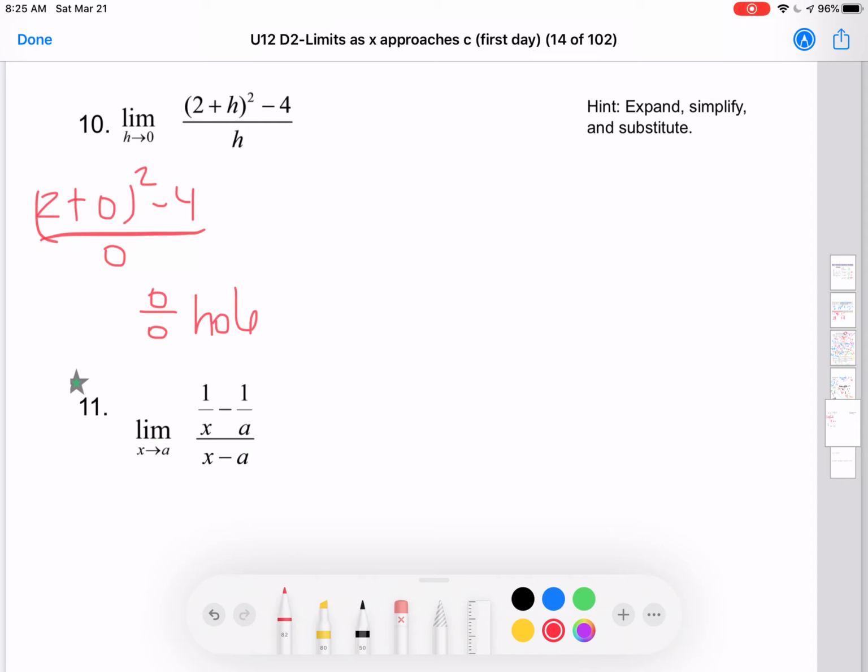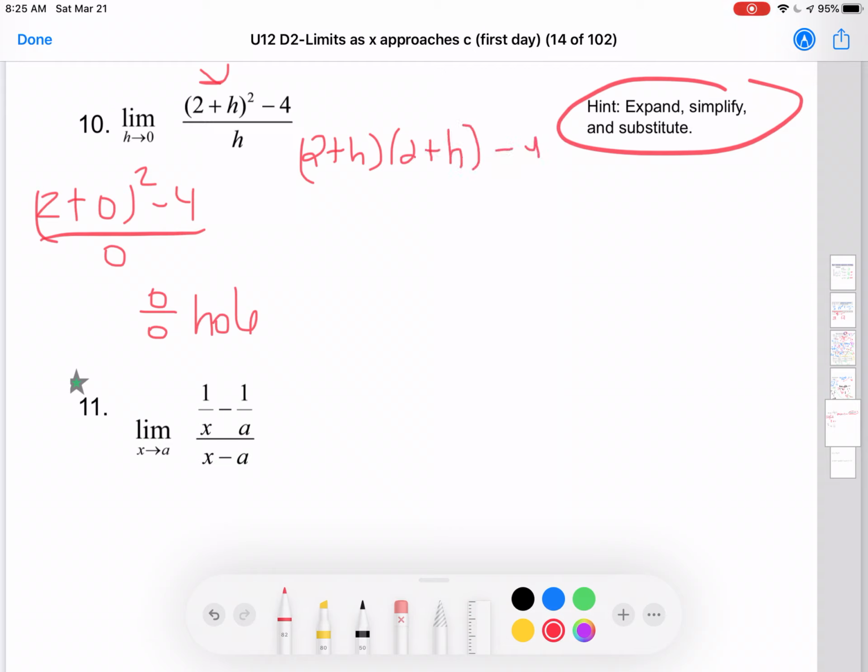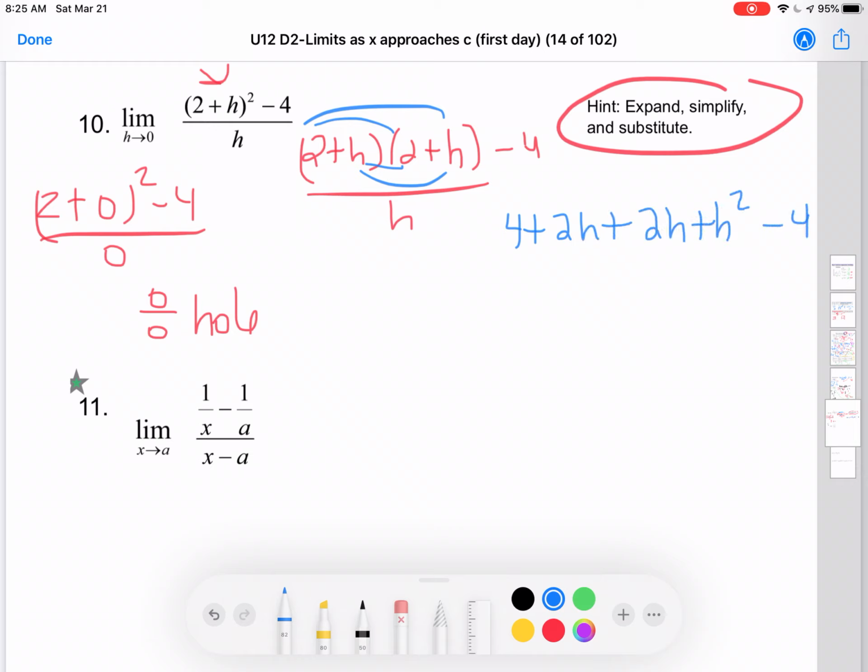All right, so what are we going to do? I gave you a little hint here. We should probably expand out this guy right here. So let's FOIL. We're just going to FOIL the top. So if we do that, we're going to have 4 plus 2h plus 2h plus h squared, and then don't forget that minus 4.